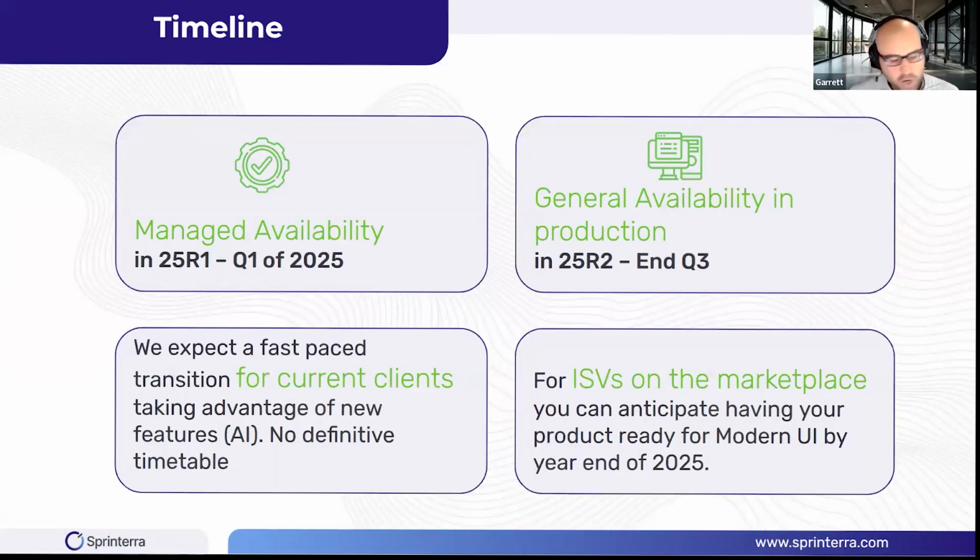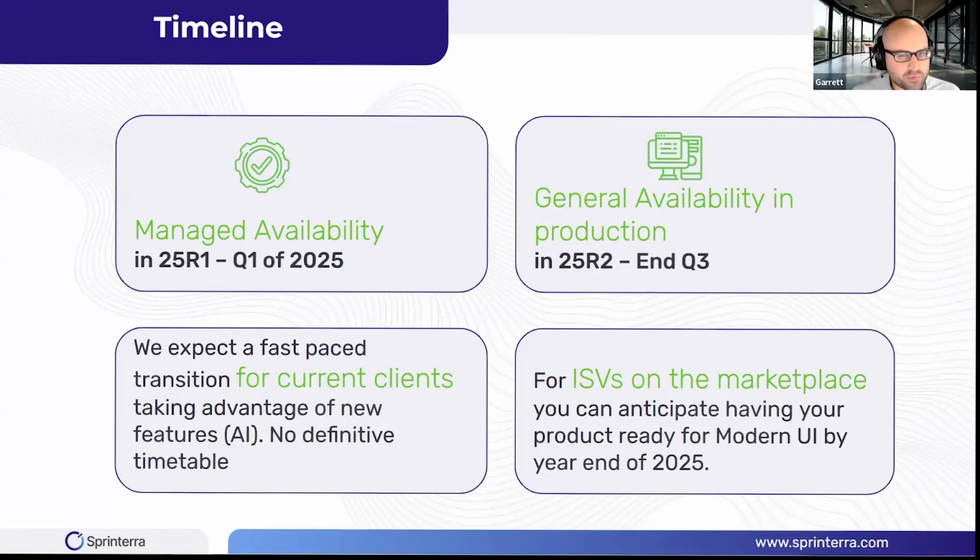So modern UI first came out for managed availability in 25R1, which came out in Q1 of 2025. At that time, some volunteers started to get into modern UI to provide some feedback, to test it, to provide some thoughts and ideas on the look and feel of modern UI.